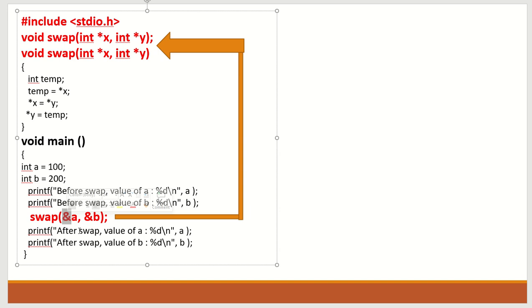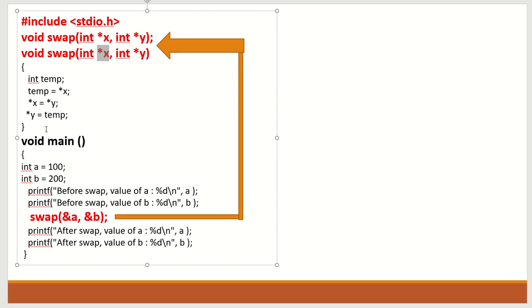B. So the program is almost similar, but the only thing is when it calls the swap function, the address of a and the address of b will get passed over here. So here in x, it will not copy a value but an address, and because of the asterisk sign, it will extract the value from that address.